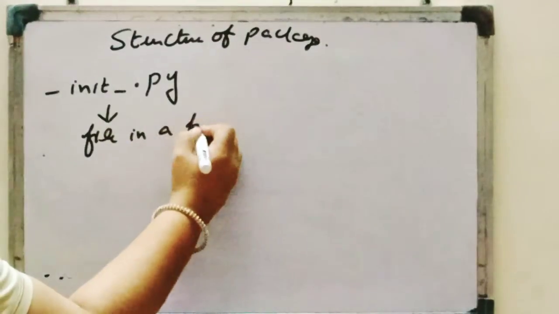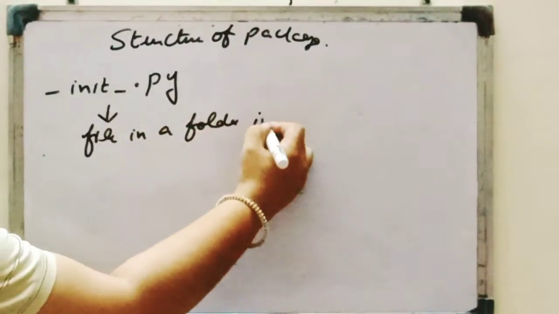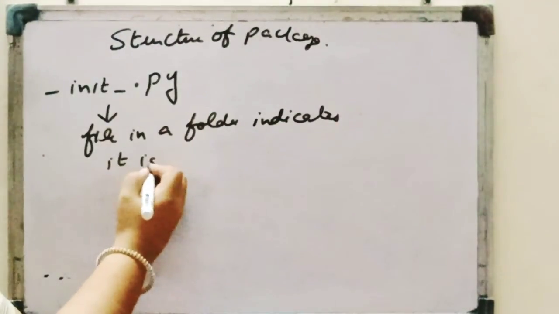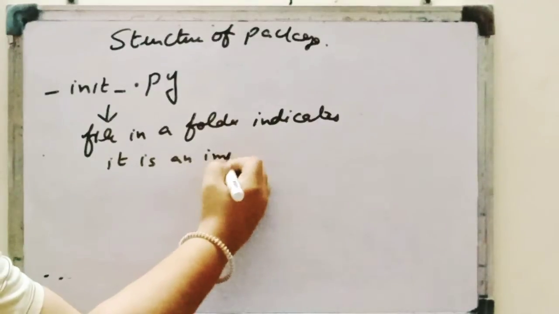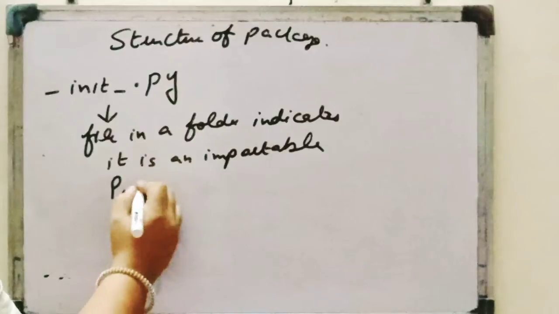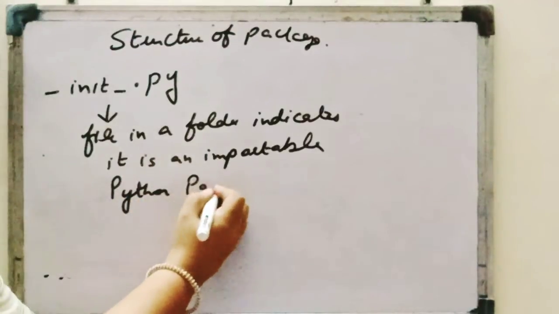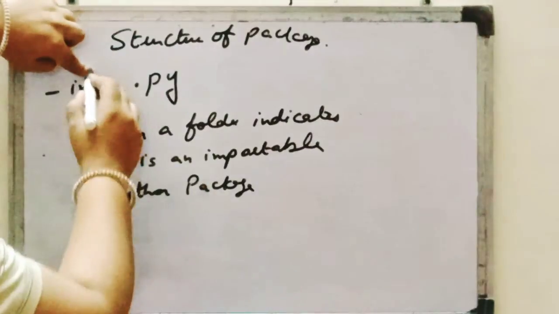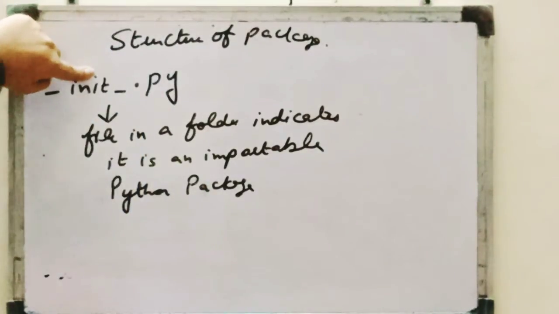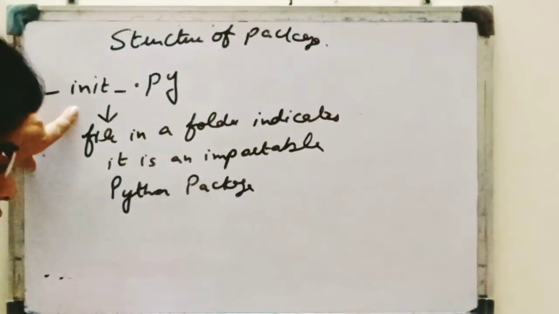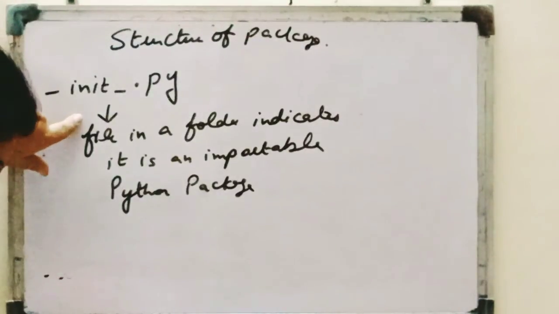It indicates it is an importable Python package. So whichever folder this file is in, it indicates that it is an importable Python package, and without this __init__.py file it is not considered a Python package.